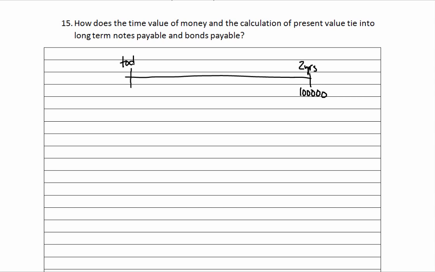So if I owe them in 2 years' time, is the value of that debt equal to $100,000? And the answer is it depends. The tie-in to all of this is both notes payable and bonds payable require an outflow in the future.